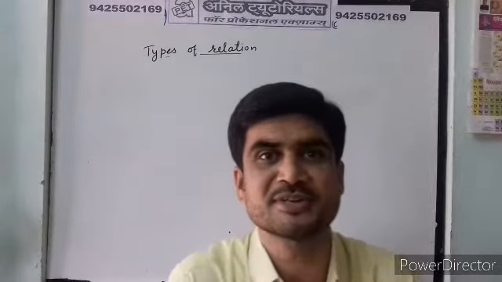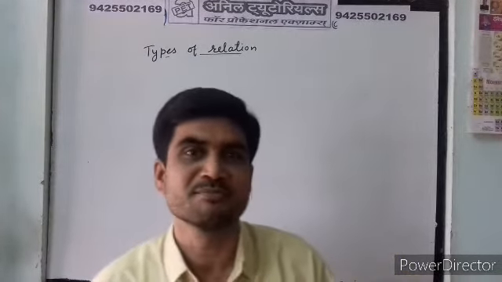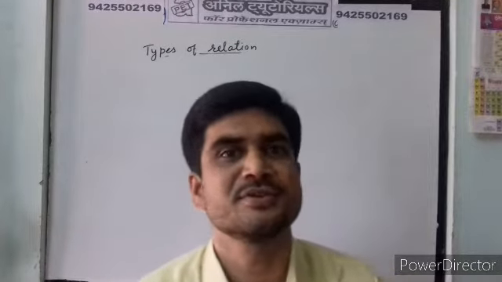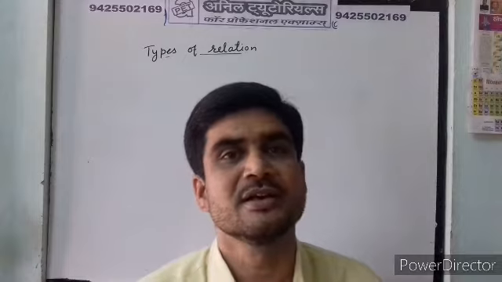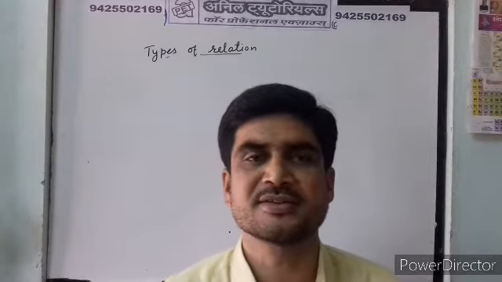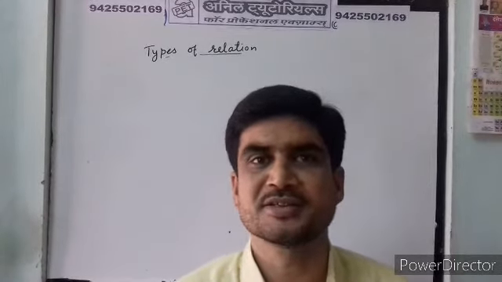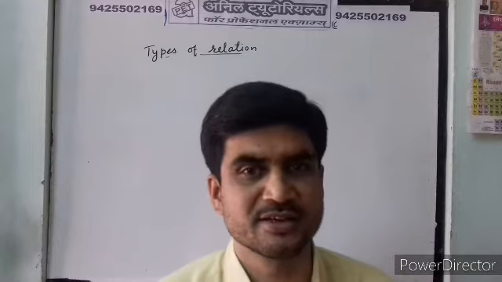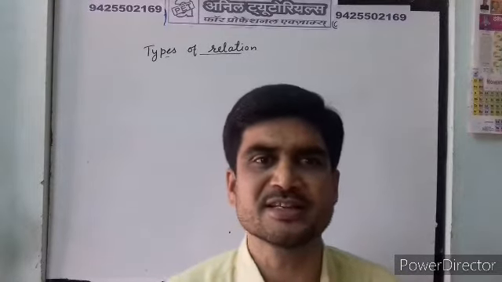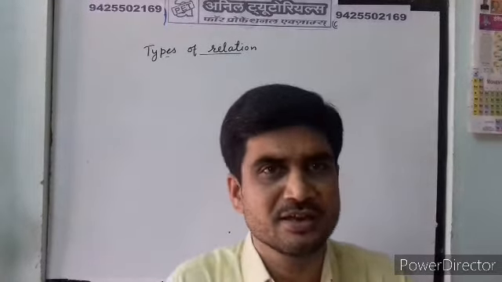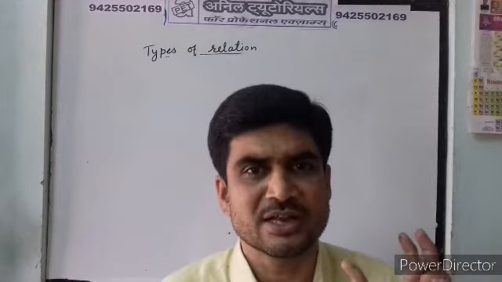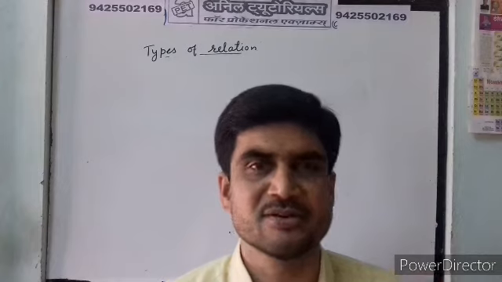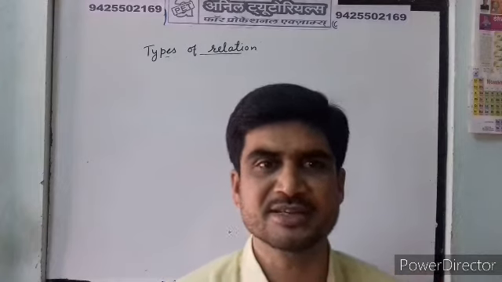Suppose not a single person passed in that particular exam, means no one passed. If you want to make the set of passed students, you will get an empty set. So this type of relation, when not a single element is related to any element, is called an empty relation.